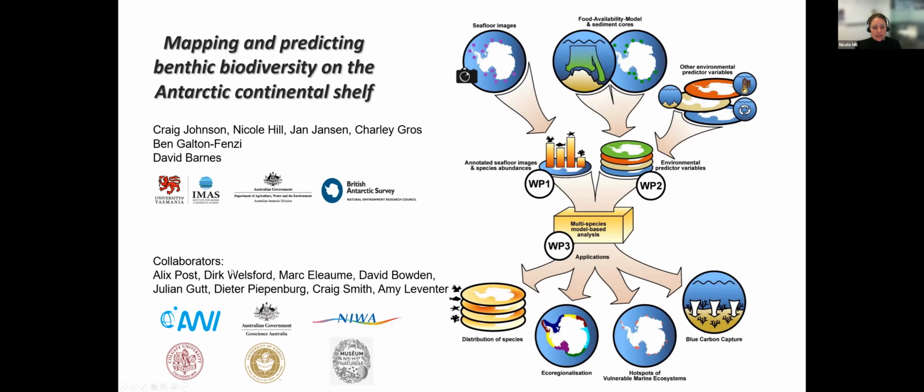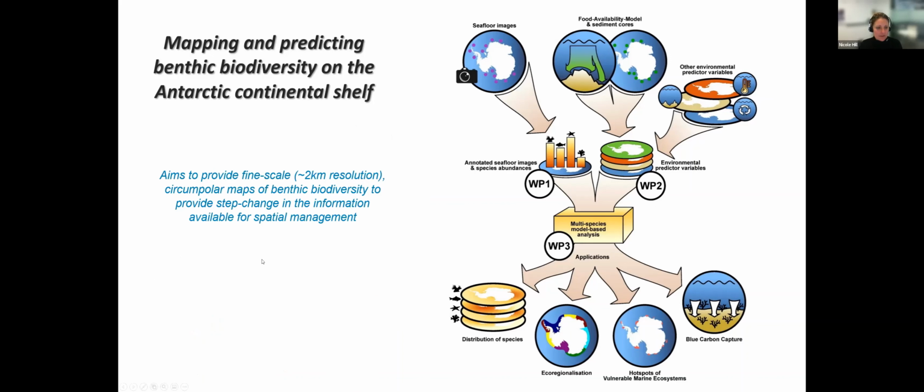So essentially, the aims of this project in a nutshell are to provide fine-scale circumpolar maps of benthic biodiversity to provide a step change in the information available for spatial management. And there are a number of elements to this, as the diagram indicates. We need to generate some of the input data that we then use to model with these multi-species approaches.